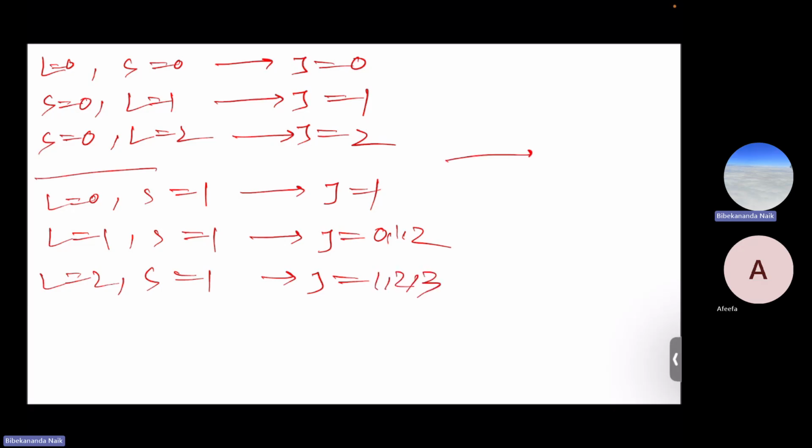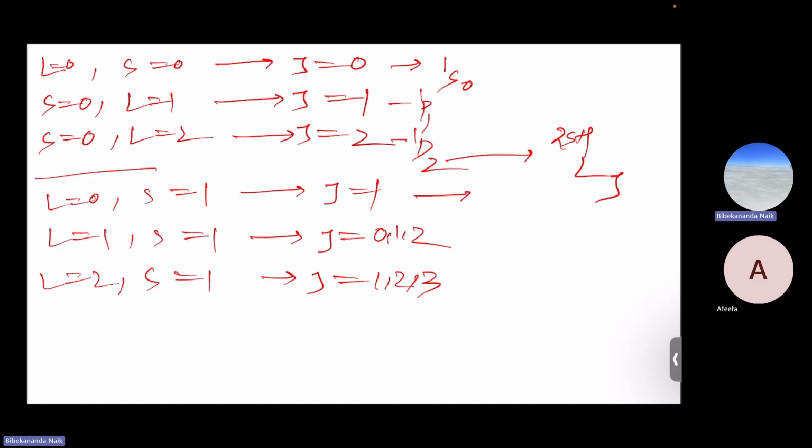Also, the labels are represented in terms of their spectroscopic notation, which is written as 2S plus 1 L J. So if you write it, S0 means 2S plus 1 is 1, so it is 1S0, 1P1, 1D2.